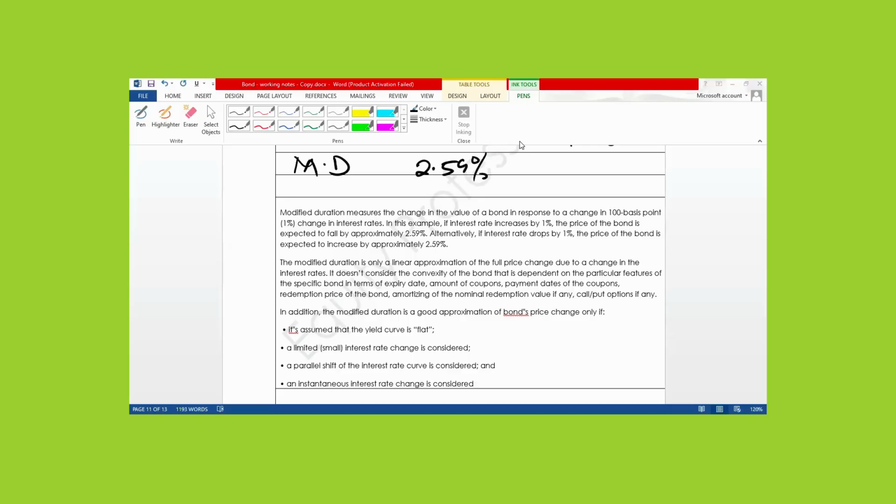The modified duration is only a linear approximation of the full price change due to change in interest rates.